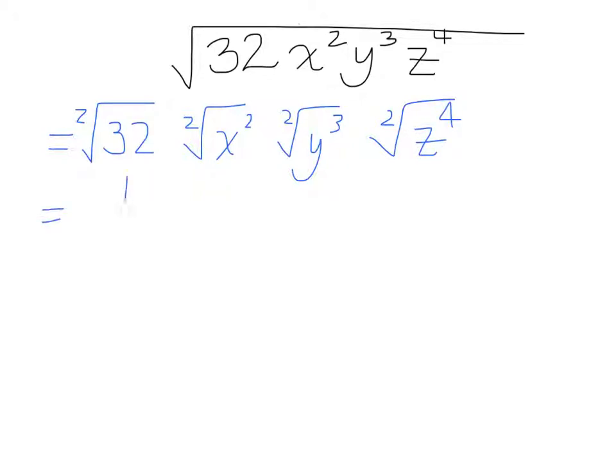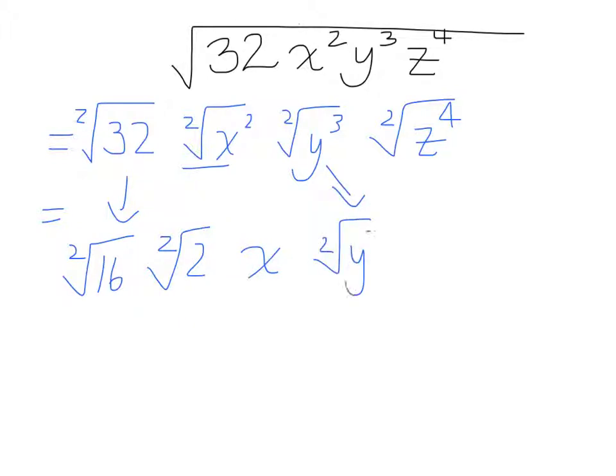So 32, if you remember we've used this number before, is the square root of 16 times the square root of 2, the square root of x squared is just x. Y cubed will be broken down into the square root of y squared times the square root of y, and if you remember correctly, z squared times z squared will give you z to the power 4, so the square root of z to the 4 is z squared.